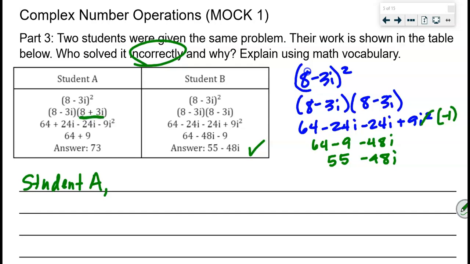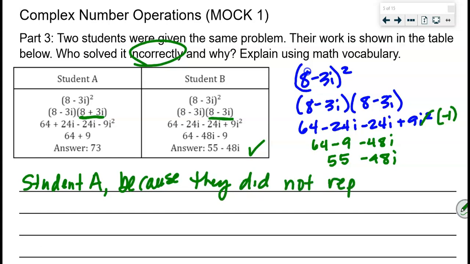Y'all see this right here versus this right here? So student A solved the problem incorrectly. Why? Because they did not repeat what? The 8 minus 3i, okay?